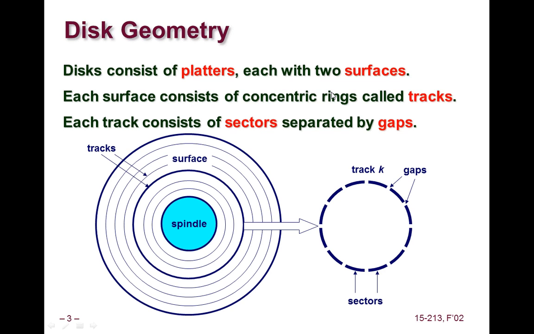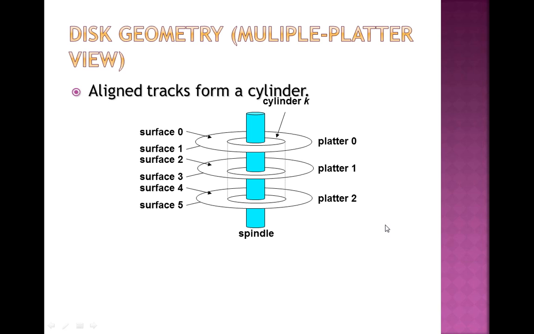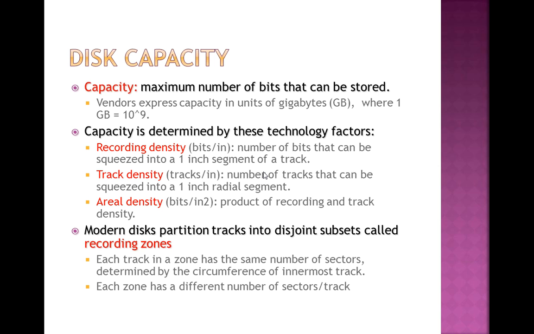Each surface consists of concentric rings. These rings are known as the tracks. Each track consists of sectors, as I told you, separated by gaps. This is the multi-platter view. As I told you, there is a spindle that holds the cylinder, platter, and surface.